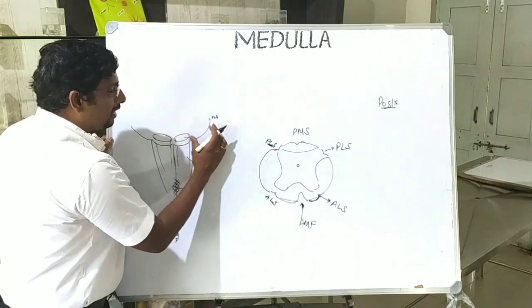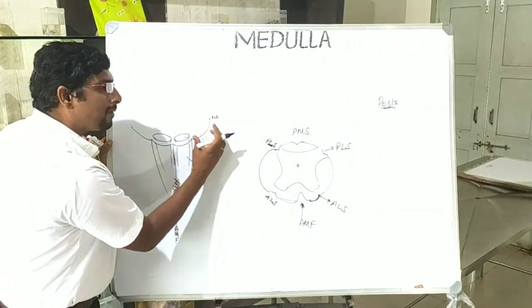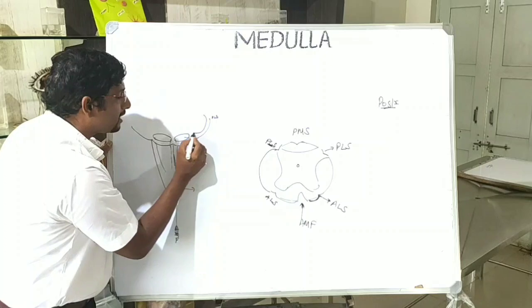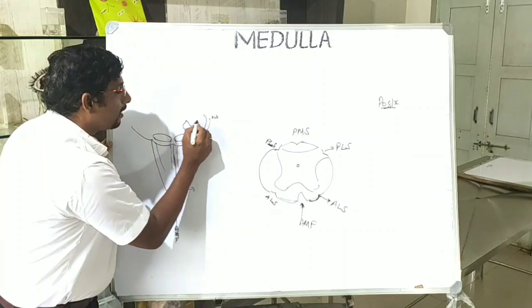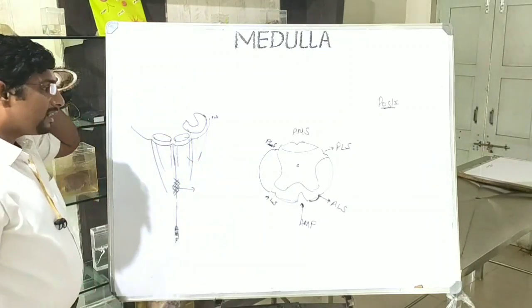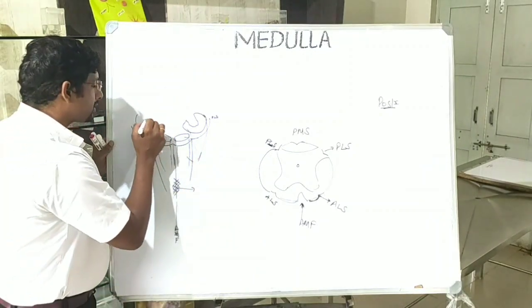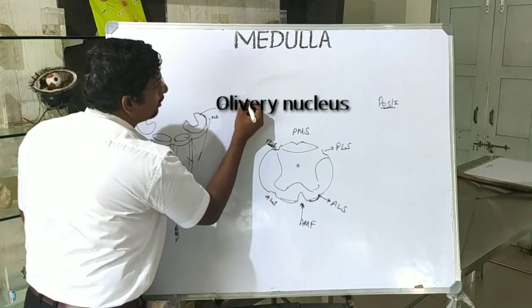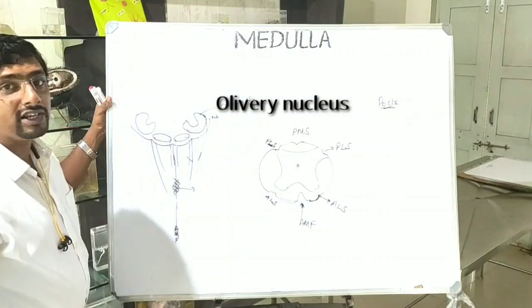So in this area, in the upper part of the medulla, inside there is a nucleus, which is called the olivary nucleus, the inferior olivary nucleus.